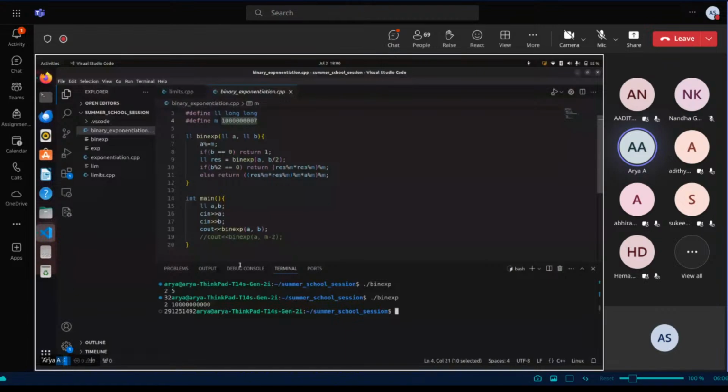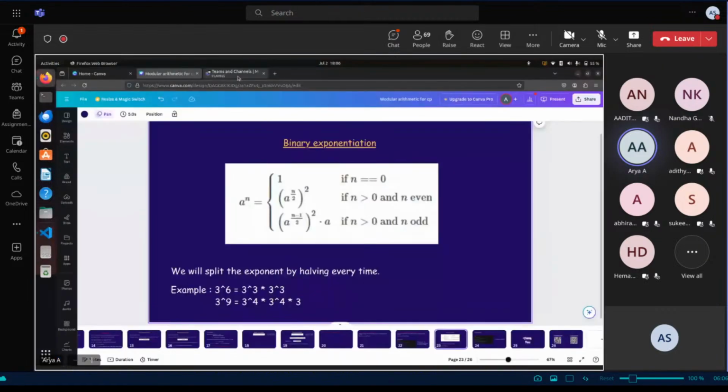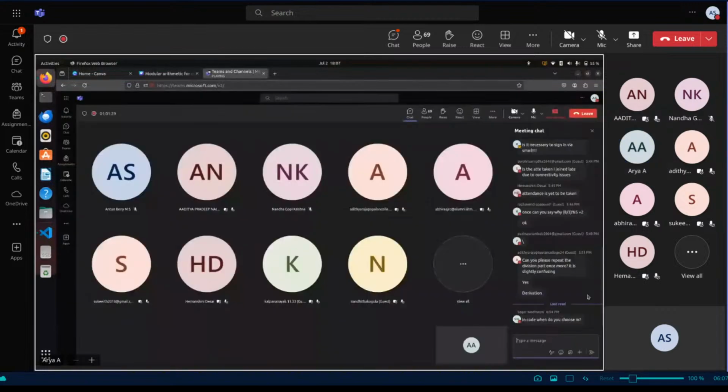Right. So do you have any doubts so far? Yeah, we can choose m in the code. Generally, it will be 10 power 9 plus 7. So I just used that.